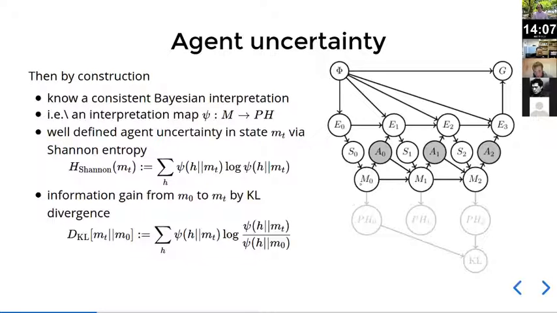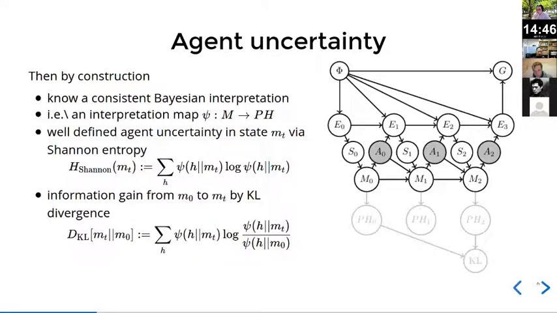And maybe one other thing you can do is to make your agent something like curious. You can measure the information gain from the first state to the last state, which is the KL divergence between the last belief and the first belief. And this gives you a measure of how much the agent changed its belief over time and became more certain.